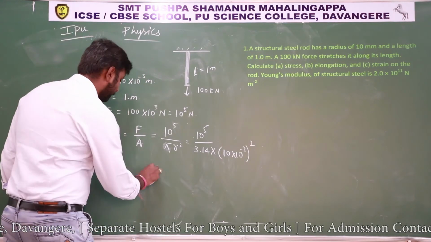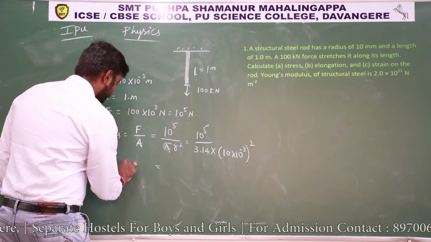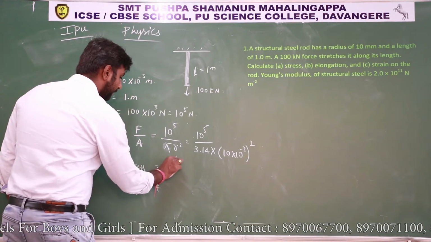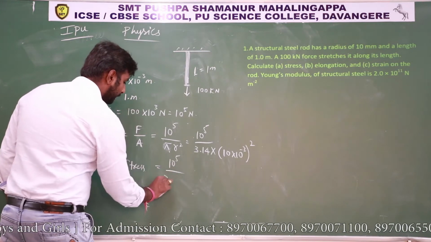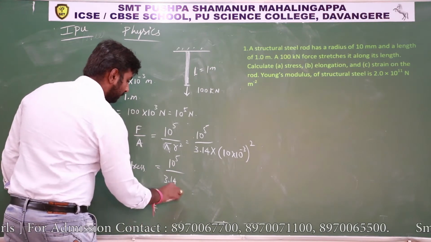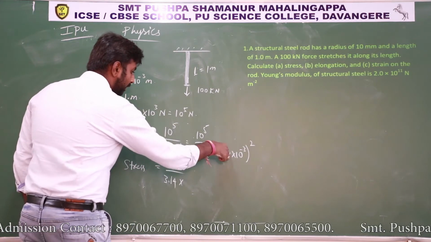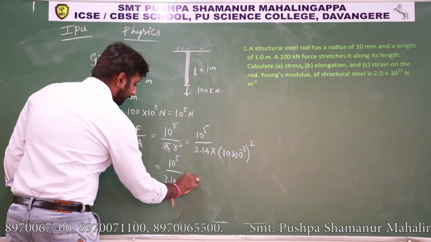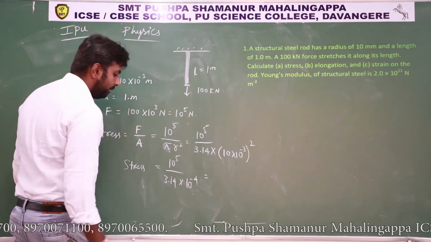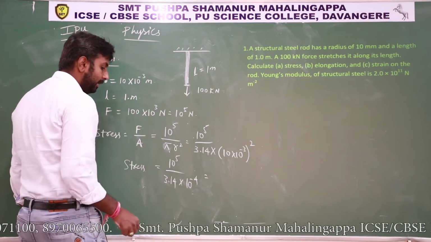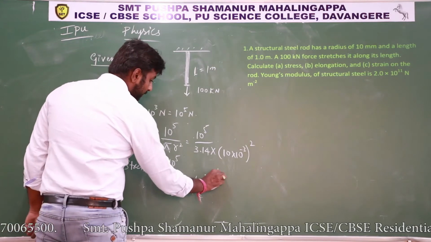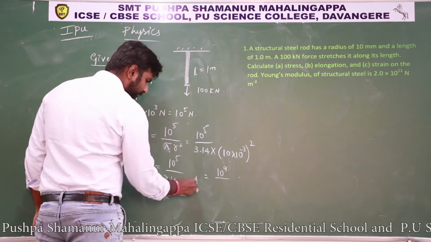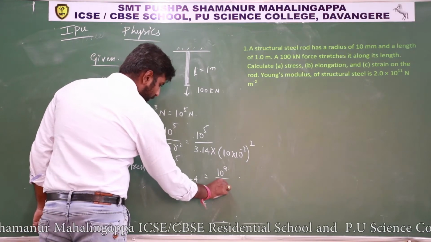Then if you calculate, stress equals 10 to the power 5 in the numerator, and in the denominator 3.14 into 10 to the power minus 2 whole square, which is 10 to the power minus 4. The 10 to the power minus 4 goes to the numerator as plus 4, giving 10 to the power 9 divided by 3.14.